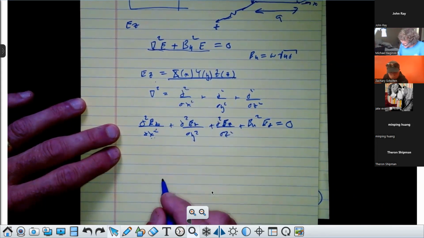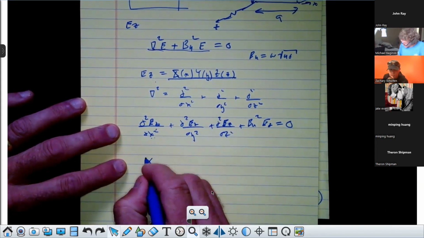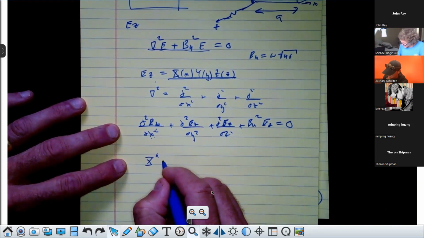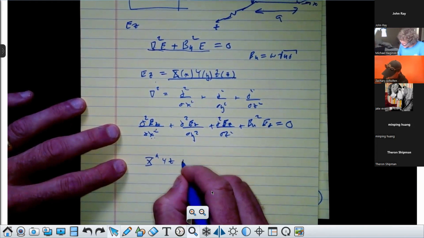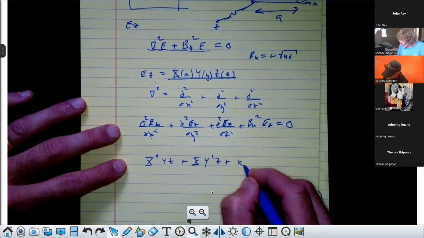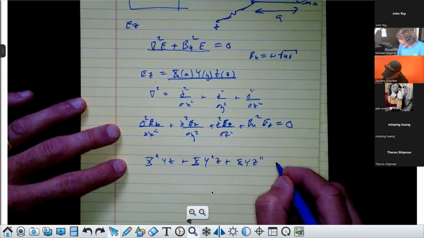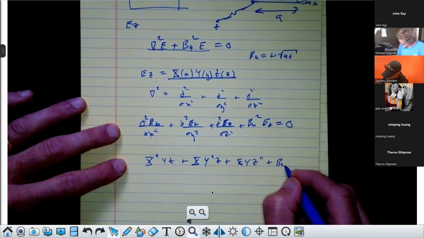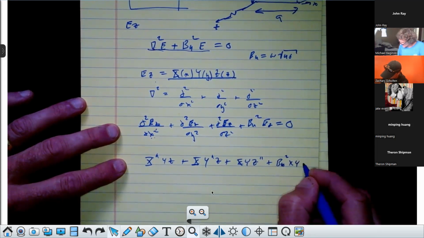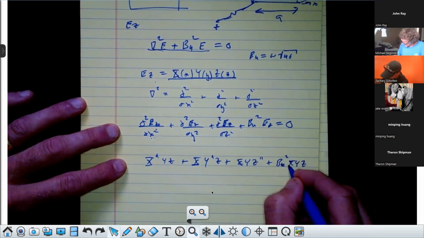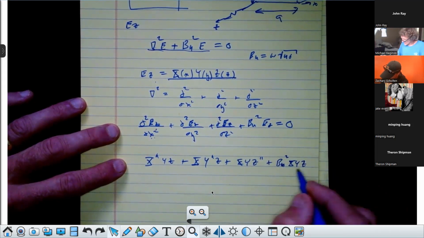So it's just x double prime times y times z, plus x times y double prime times z, plus x times y times z double prime. Finally, it's beta unguided squared times x times y times z. And all this equals 0.